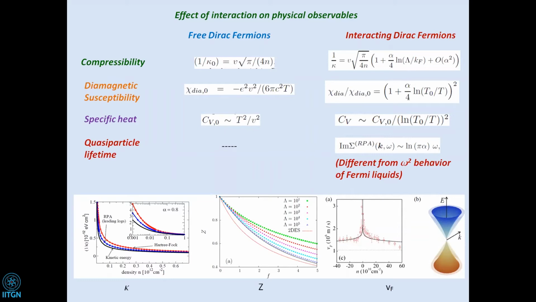But thankfully, this is a log correction, and therefore, for any finite k_F, that is any finite value of the Fermi energy, so if you are just a bit away from the Dirac point, this is a small number, okay, because it's log, and therefore, qualitatively, of course, things remain the same.